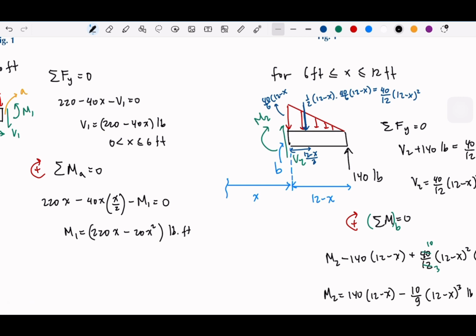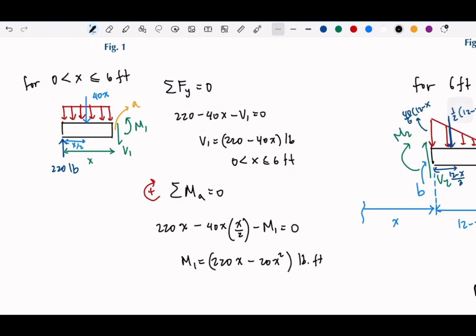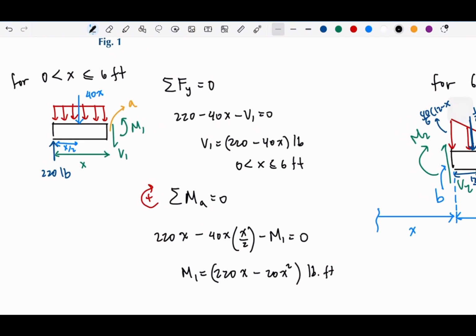You're going to see equilibrium in beams, and the first part from 0 to 6, from the rectangular distributed load, you have a linear equation for the shear force, and then the moment is quadratic. So linear and then quadratic polynomial, right? This is for the rectangular distributed load.